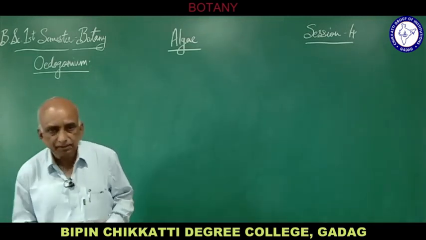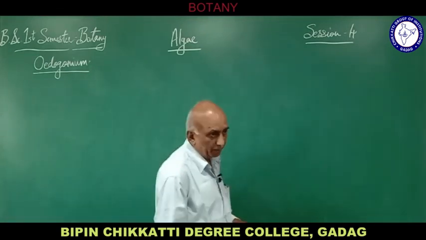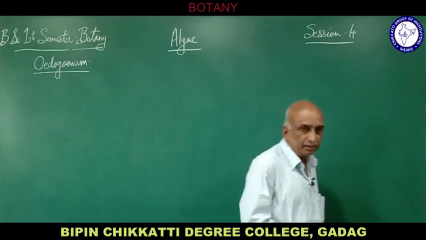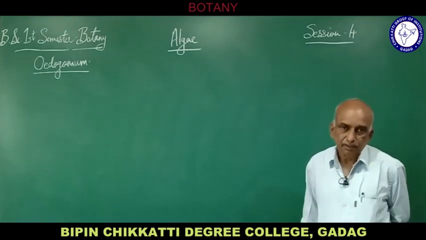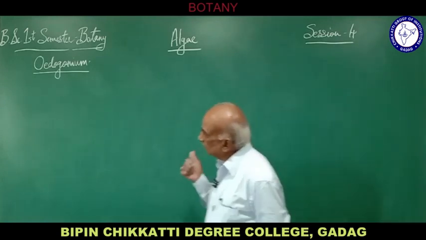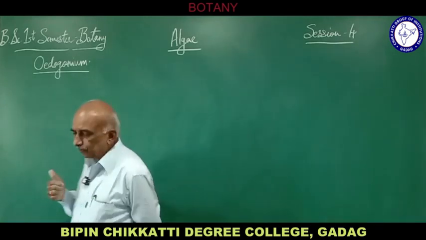algae. Now next, another important example under algae, that is the green algae, it is Oedogonium. So Oedogonium is an alga which is found in fresh water.